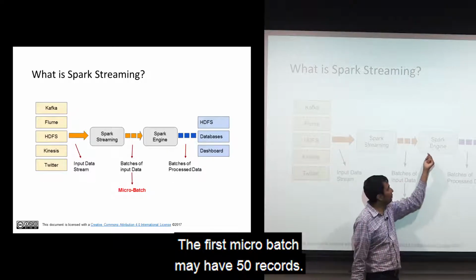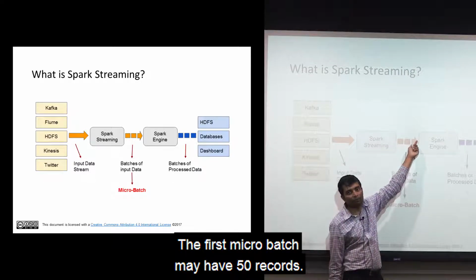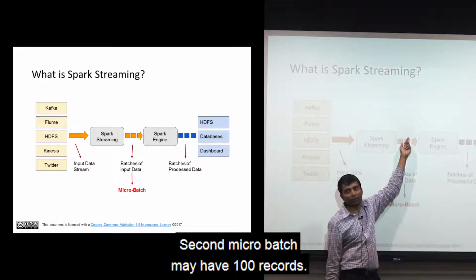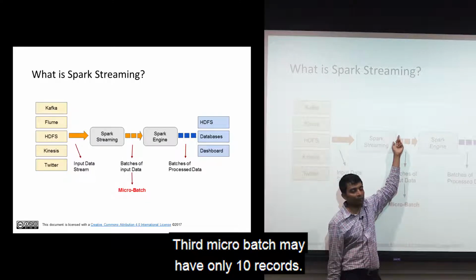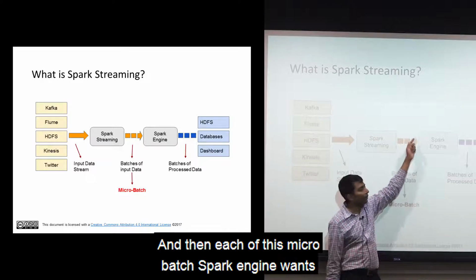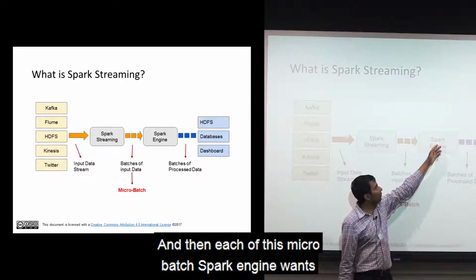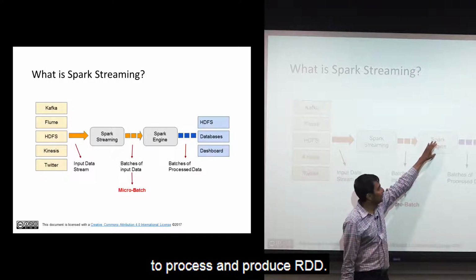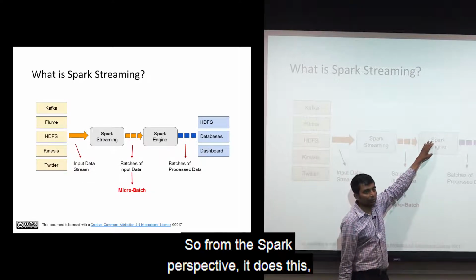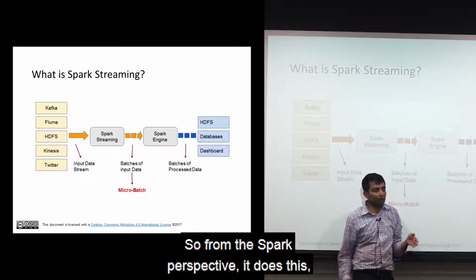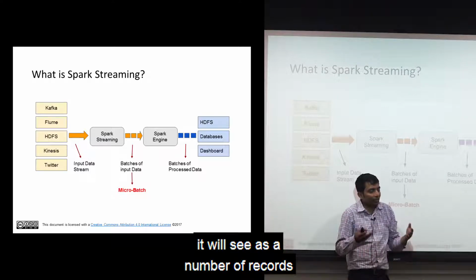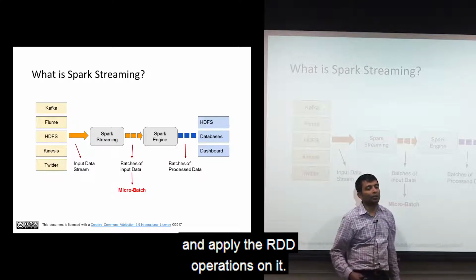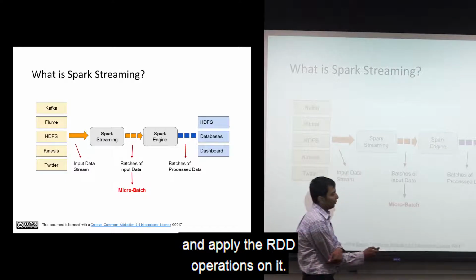The first micro batch may have 50 records, the second 100 records, the third only 10 records. Then for each micro batch, the Spark engine processes it and produces an RDD. From the Spark perspective, it sees a number of records and applies the RDD operations on it.